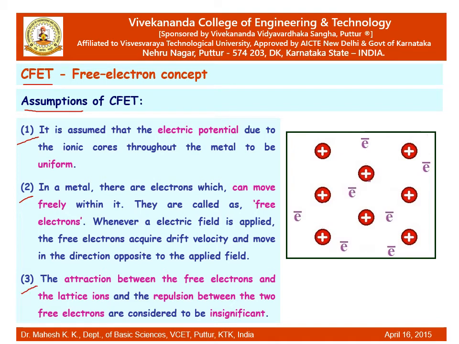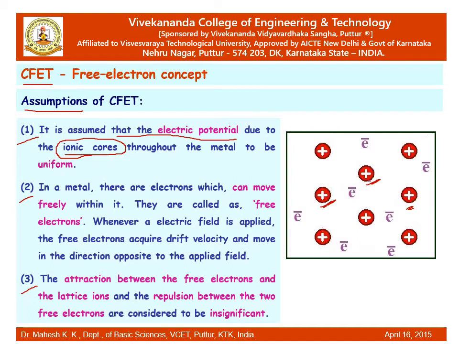The first one is that the electric potential due to the ionic cores of the metal is assumed to be uniform. Here ionic core refers to this. These are the ionic cores. So the electric potential due to these ionic cores is uniform throughout the entire metal.